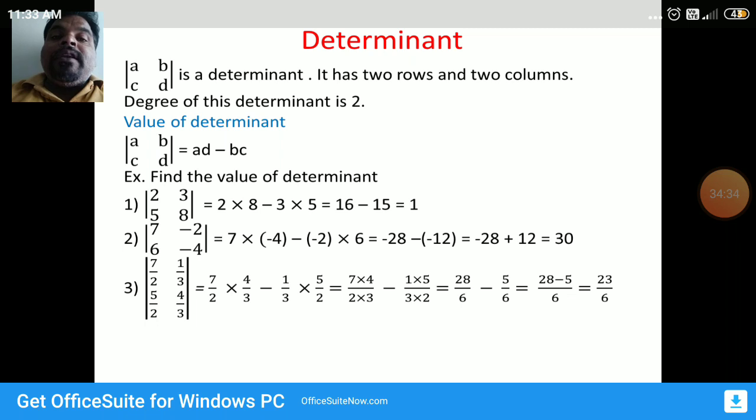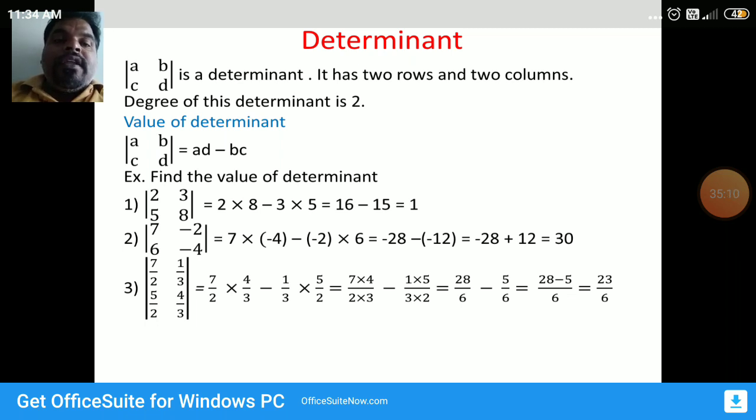The determinant is A, B, C, D. The value of this determinant is A into D minus B into C. Means the first element of the first row into the second element of the second row minus the second element of the first row into the first element of the second row.